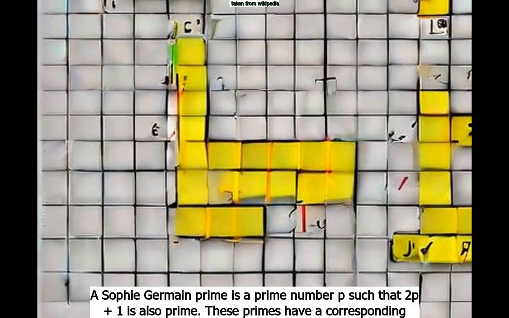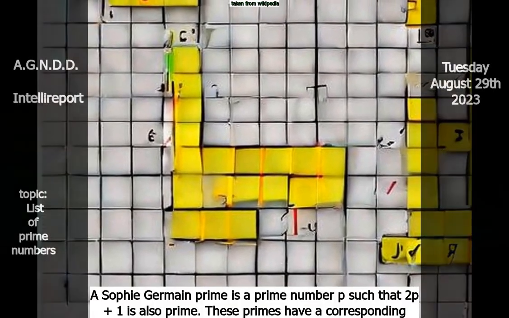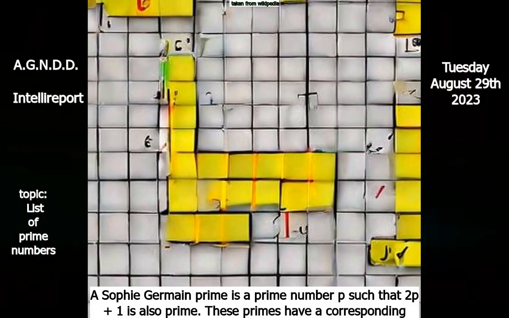A Sophie Germain prime is a prime number p such that 2p plus 1 is also prime. These primes have a corresponding safe prime.